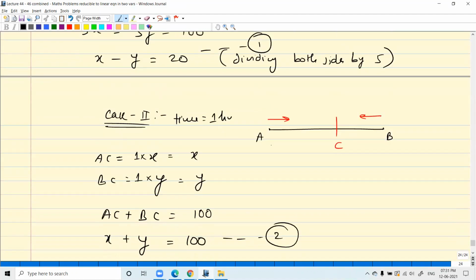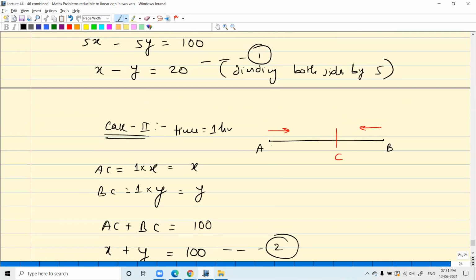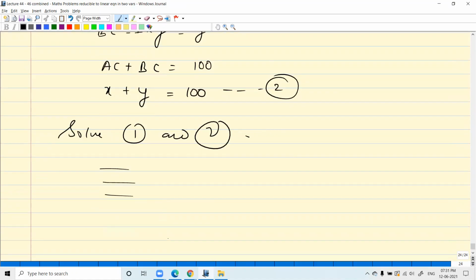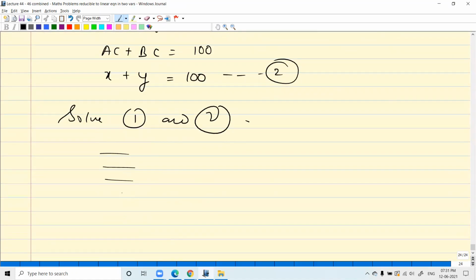So x minus y is 20, x plus y is 100. After that, you know how to solve it. Everyone knows. So I'm not going to solve that. So once you solve it, what would you get? 2x is equal to 120. So x is equal to 60 kilometer per hour.